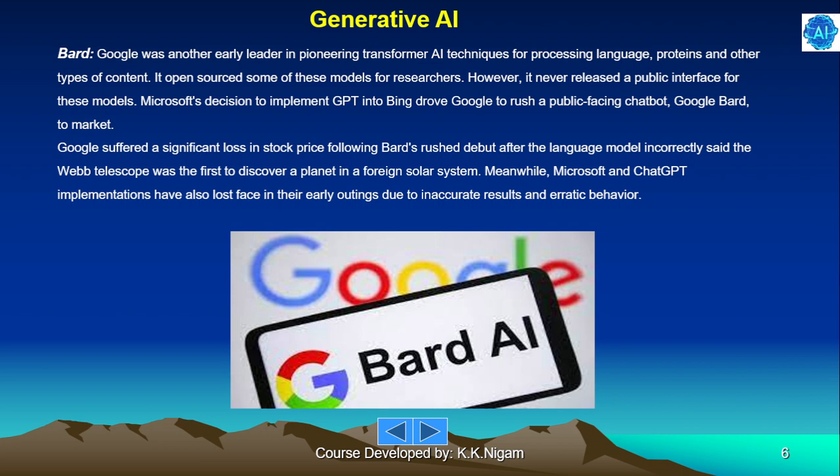Google suffered a significant loss in stock price following Bard's rushed debut after the language model incorrectly said the Webb telescope was the first to discover a planet in a foreign solar system. Meanwhile, Microsoft and ChatGPT implementations have also lost face in their early outings due to inaccurate results and erratic behavior.